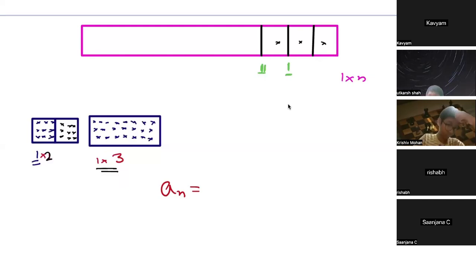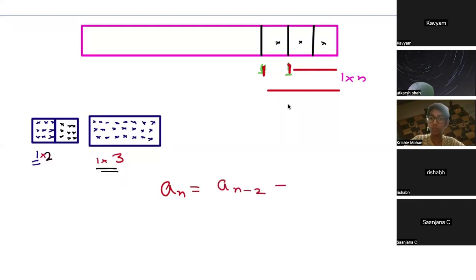If you have to write down a n, you can start with this place or this place, because we have tiles of 1 cross 2 or 1 cross 3 only, right? So I hope everyone has written the answer, right? So I'm also writing. Just check. a n minus 2 plus a n minus 3. I hope 2 and 3, na?